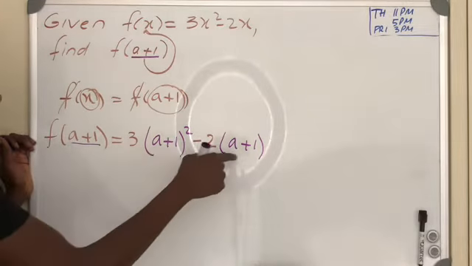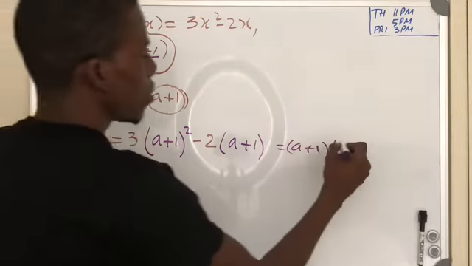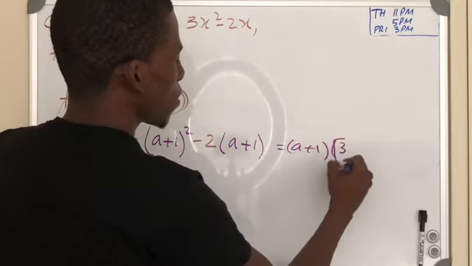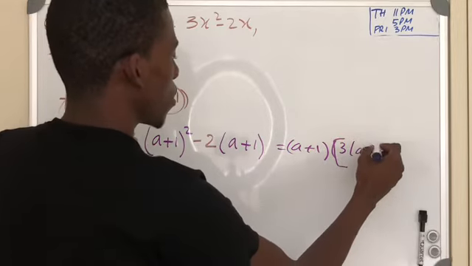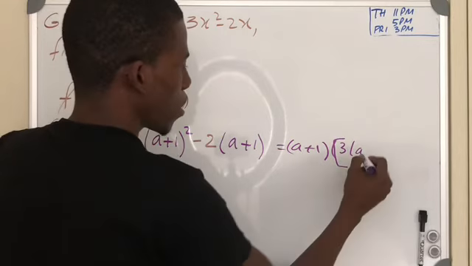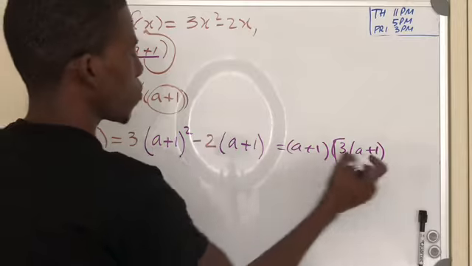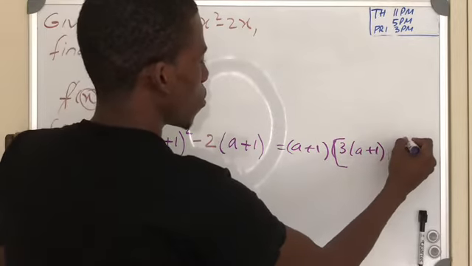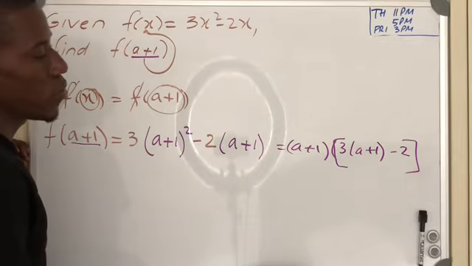You could factor out a plus 1 easily. You could do a plus 1 times 3 times a plus 1, minus 2 times a plus 1, minus 2.